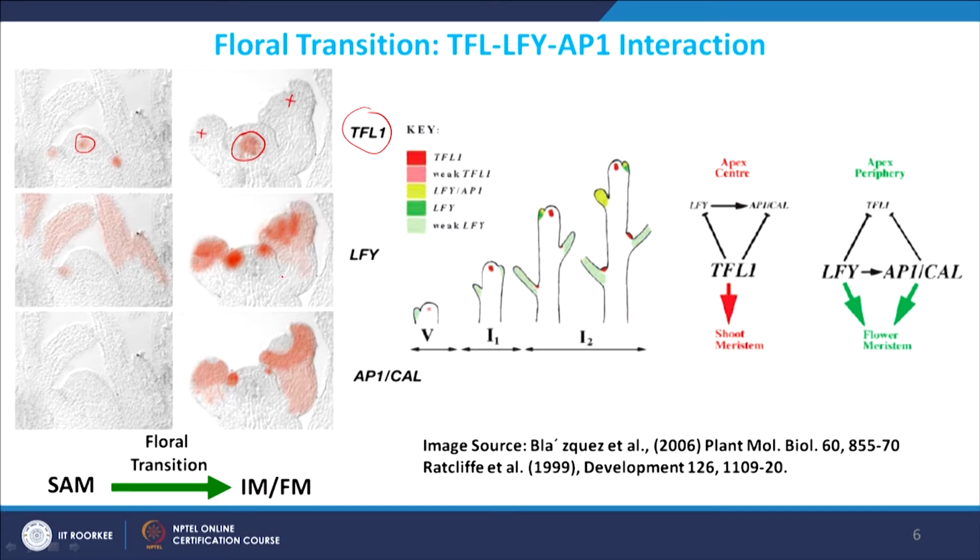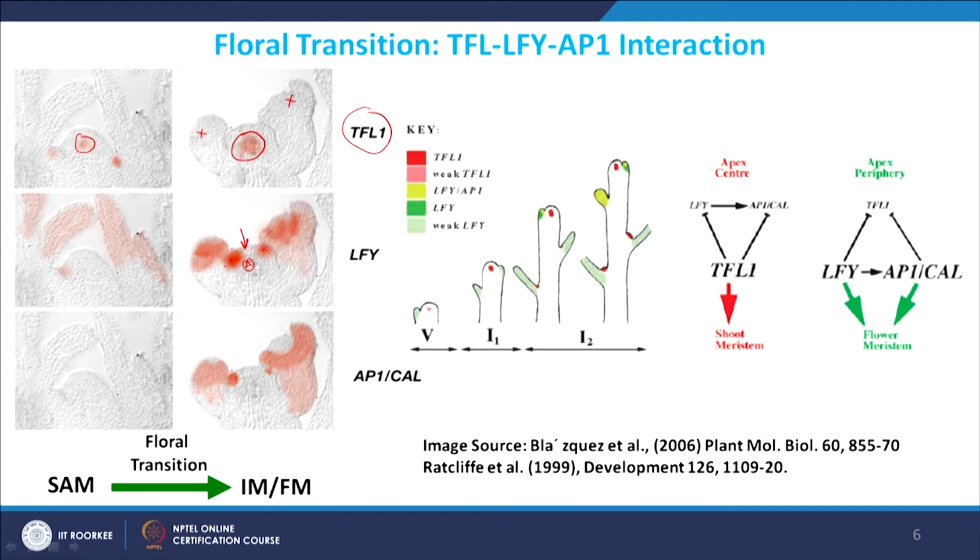Whereas if you look at LEAFY, the inflorescence meristem, or the center of the meristem, does not have LEAFY expression, but the peripheral region where your floral primordia are going to be initiated has a very high amount of LEAFY expression, and this expression continues in the developing floral primordia.